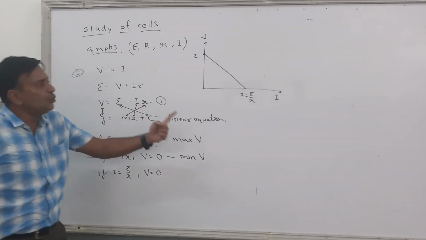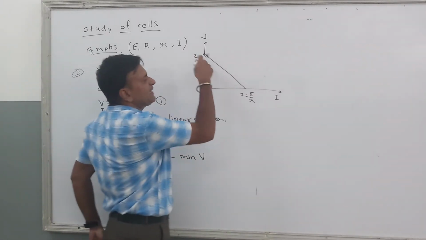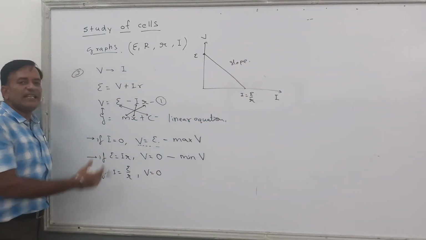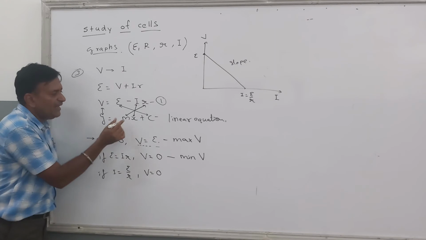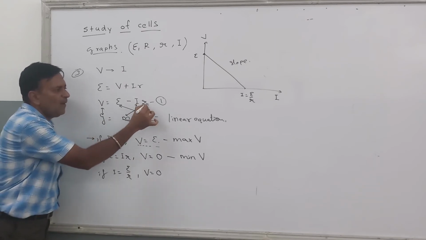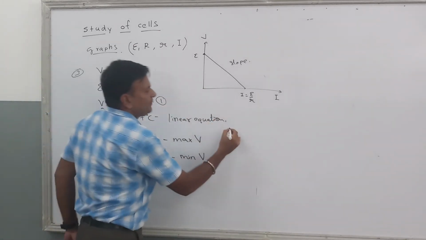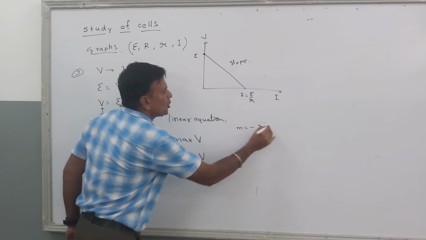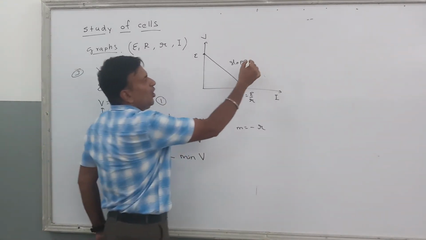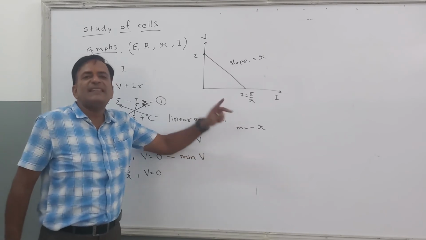If we talk about the slope of this line, what is the slope of this line? M is the slope. The slope is equal to R, or I can say the slope is equal to minus R. The minus sign suggests that the slope is negative.